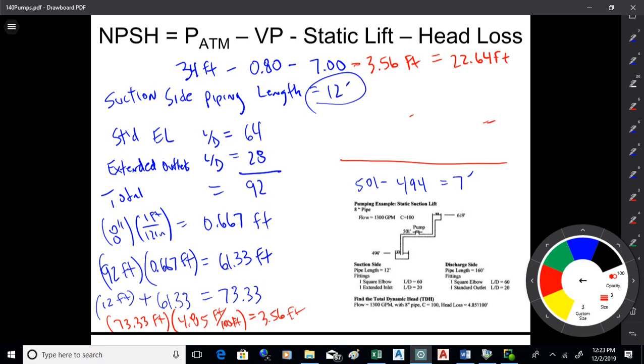If you're having cavitation problems with your pump, which is caused by not enough energy in the volute, the general advice is to lower your pump, which reduces that static lift. It's also to minimize the number of fittings you've got in that piping. You don't want to be stacking a bunch of valves on the suction side piping.